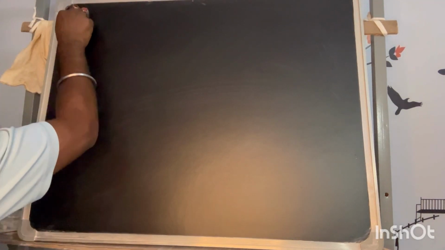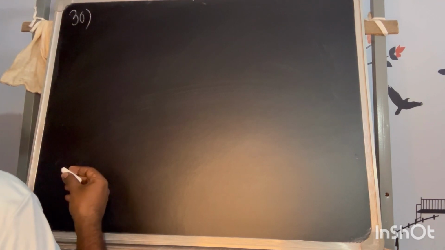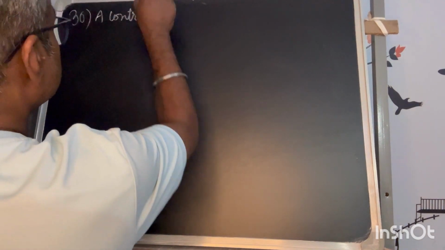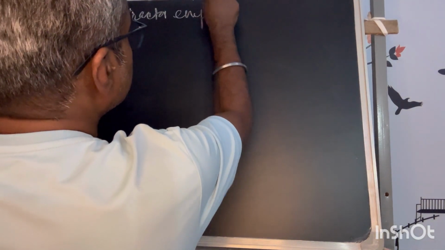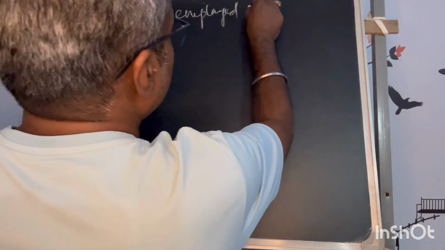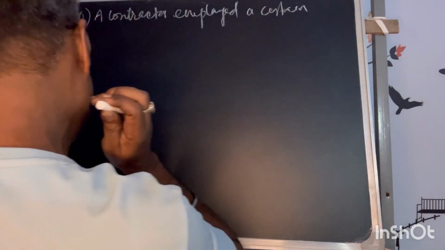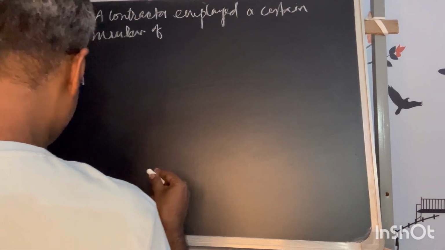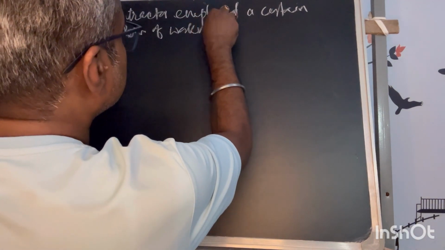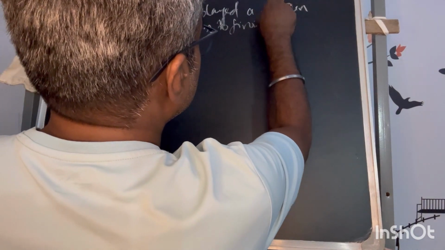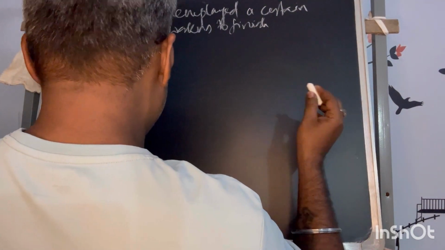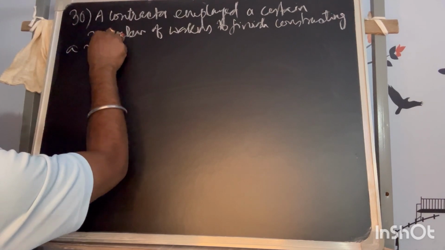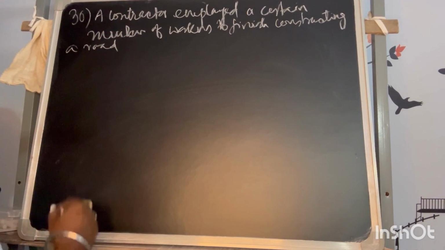So now the problem number is 30. It says: a contractor employed a certain number of workers to finish constructing a road in a certain scheduled time.